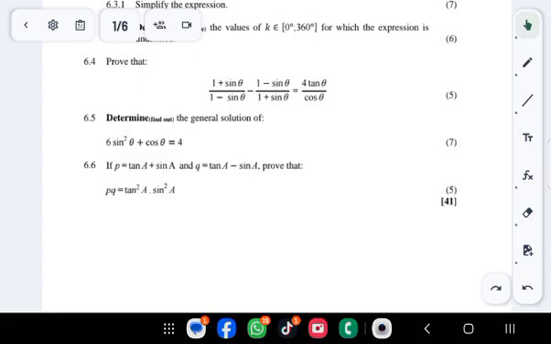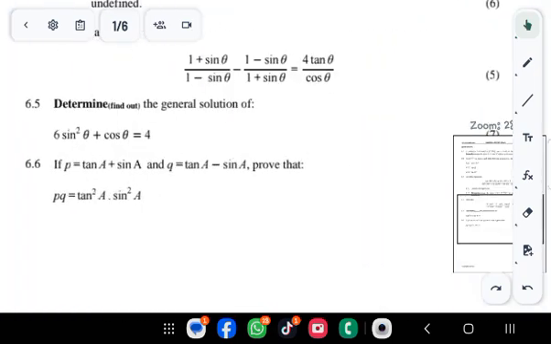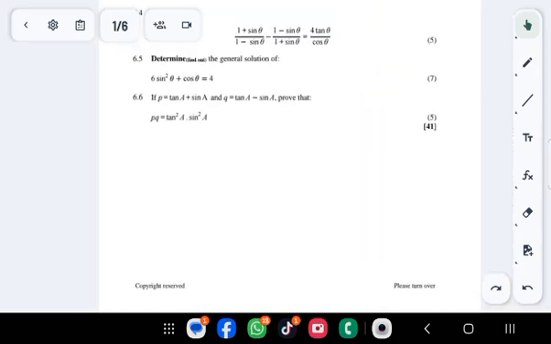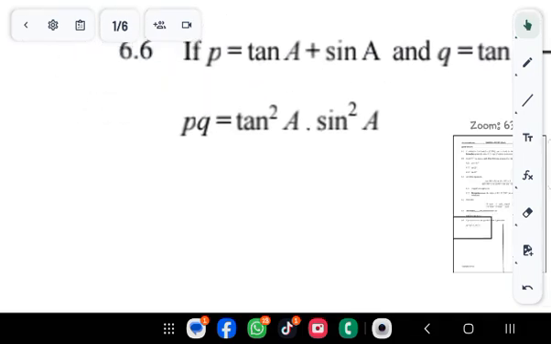Next and last question: if P equals tan A plus sine A and Q equals tan A minus sine A, prove that P times Q equals tan squared A times sine squared A. We're going to do this right here, so you can see exactly how the whole question evolves into what needs to be done. So 6.6.